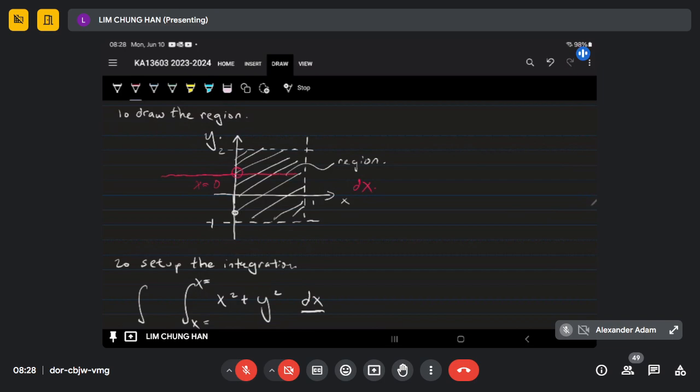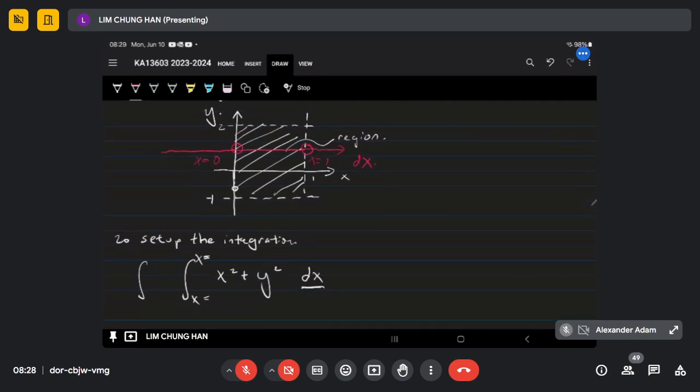I hit another line there. What is that line? x equals to 1. Then I continue, and there's nothing else to hit. So the two lines that my red line hits are the limits. One of them is 0, one of them is 1.